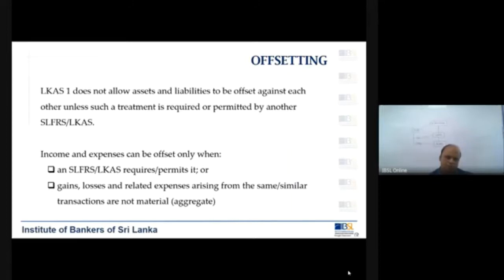No. You can offset these two. What I mean by offset is, I will say in the financial statement, profit or loss on disposal of fixed assets, and I will show 30,000.